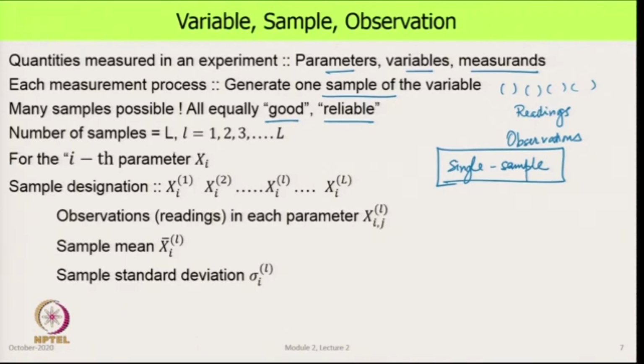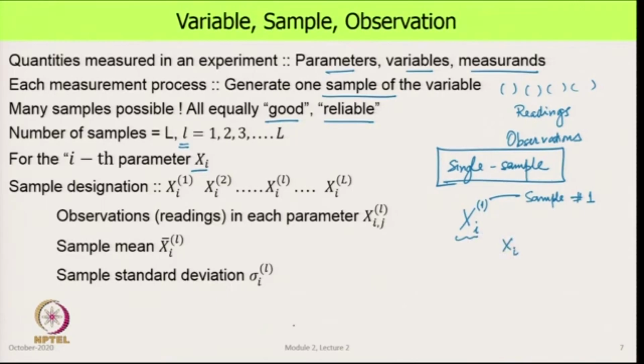We say that the number of samples is L, and we denote the index as small l, going from 1 to 3 all the way to L, capital L. For the ith parameter, which is x I, we get different samples, and we use this notation to denote that it is coming from a particular sample. So, we have x subscript I in bracket superscript 1, which tells you that this is the first sample, or sample number 1 for the parameter x I.